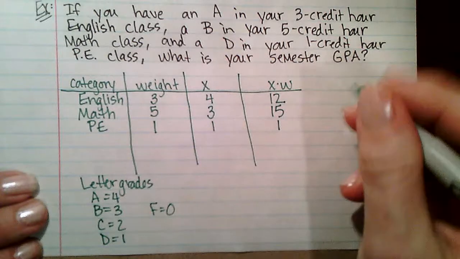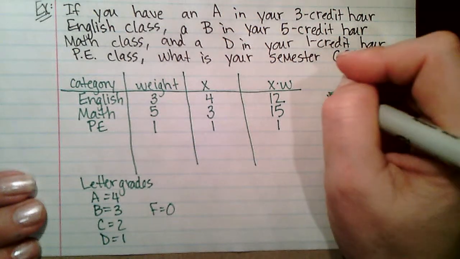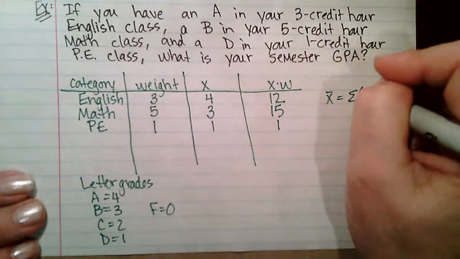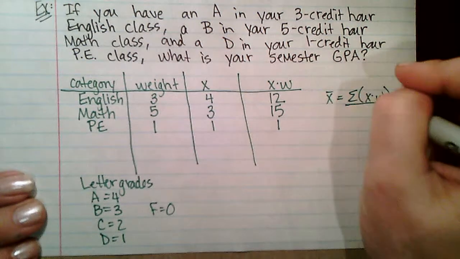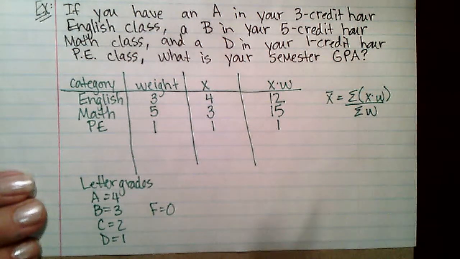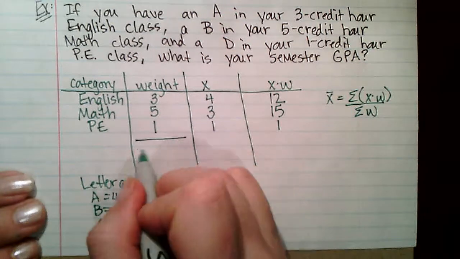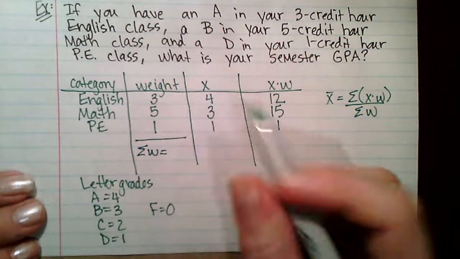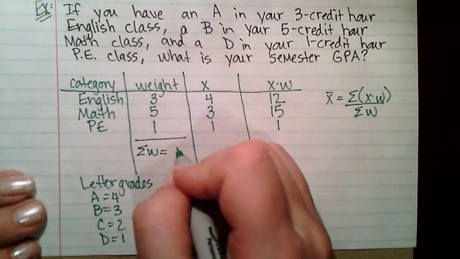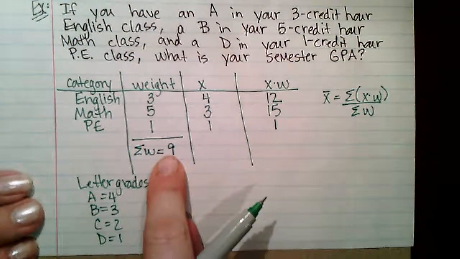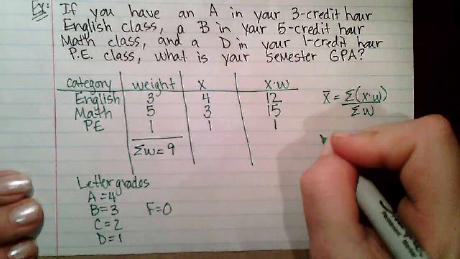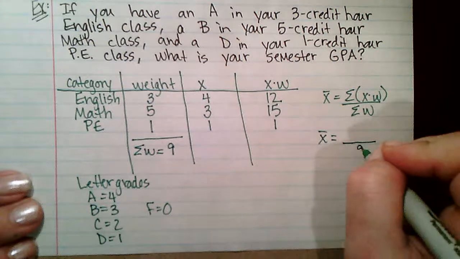Remember, for our weighted mean, x bar would equal the sum of x times w divided by the sum of w. So we'll add up our weights. Sum of w is 9. Now that happens to be the number of credit hours that you're taking in the semester. So we're going to be dividing by 9.